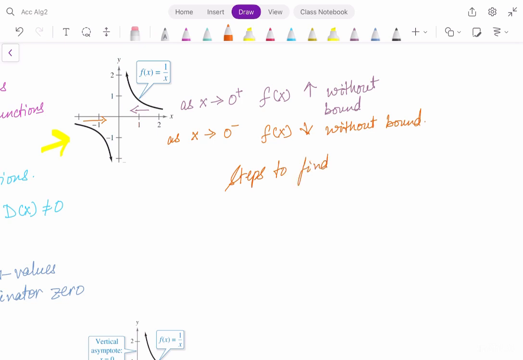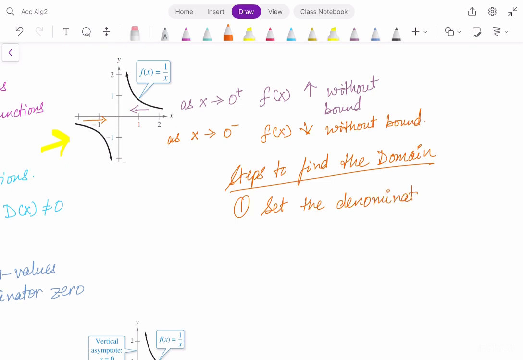There are certain steps that can help us find the domain. The first step is to set the denominator equal to 0. When we set the denominator equal to 0, you will get a certain x value.